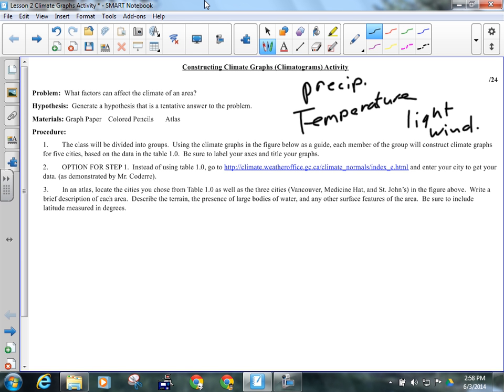All right. I mean, should most of the prairie cities have very similar climates? Okay. Like, if I look at let's say Calgary, Lethbridge, Saskatoon, Regina, Moose Jaw, okay, if I look at those cities, should they have very similar climates? Relatively, right? They have fairly similar climates because they're affected by the same things.